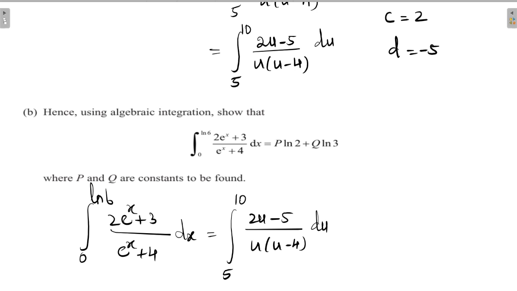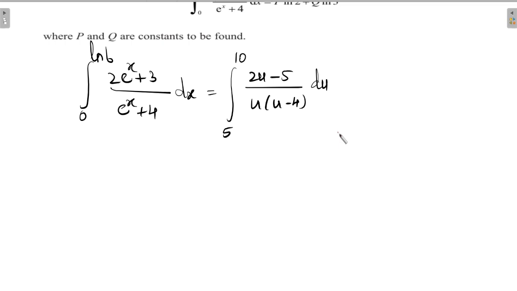Now, before integrating, we can do the partial fractions because the denominator has two factors, u and u minus 4. That is easy to integrate. So, now we are going to do the partial fractions.